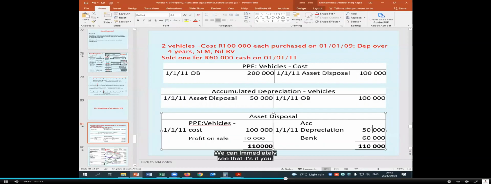We can immediately see that if you got a cost of 100,000 and accumulated depreciation of 50,000, our carrying amount is 50,000. That's the value of our vehicle, according to our accounting records.